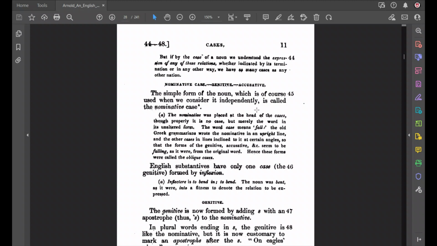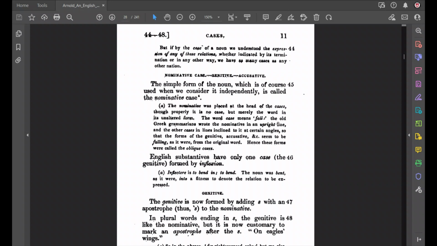We then talked about the 3 cases in English, the nominative case, the genitive case, and the accusative case. We said the simple form of a noun, the form by which anything is named, is called the nominative case. The word nominative is derived from the Latin word nomen, which simply means name or noun.